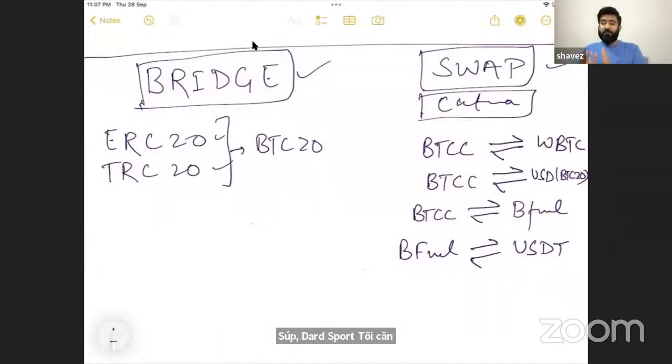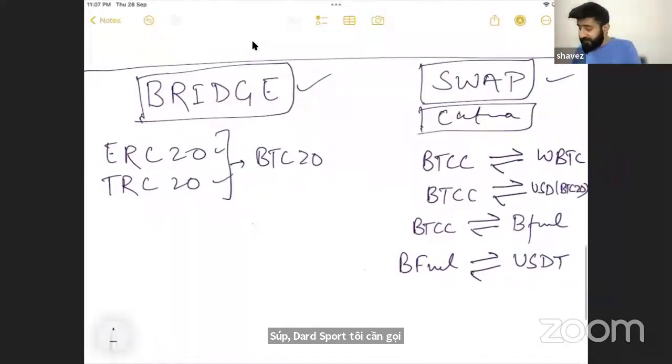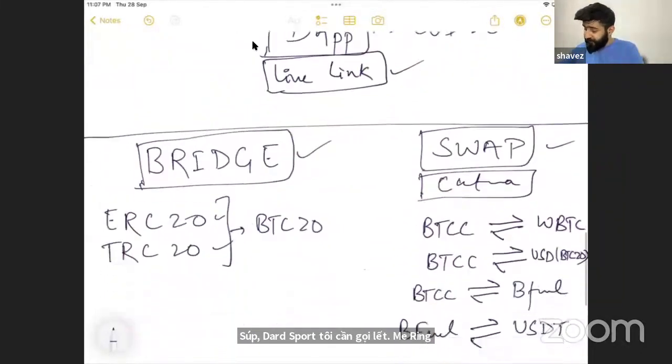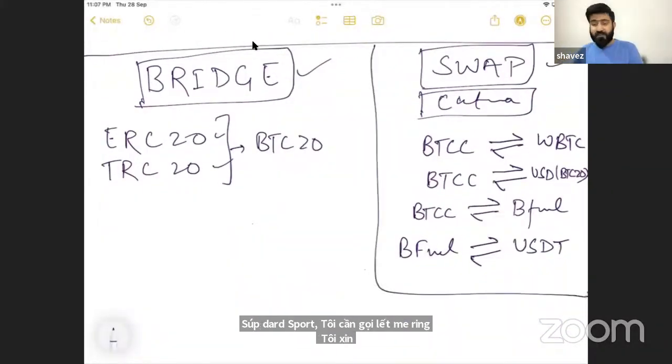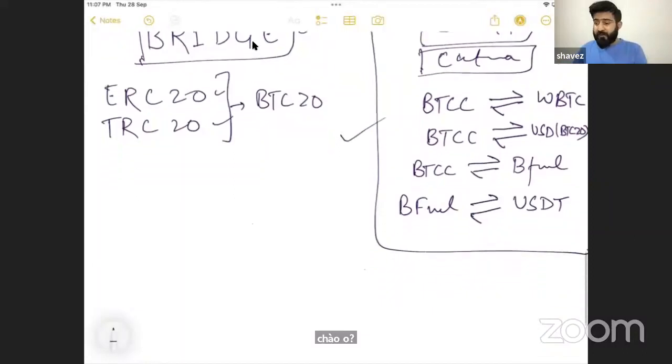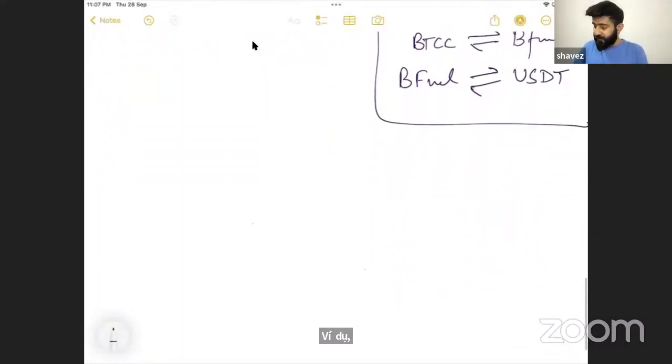Now, since this is the first use case of BTCC, let me tell you the features about this product, what we will have.